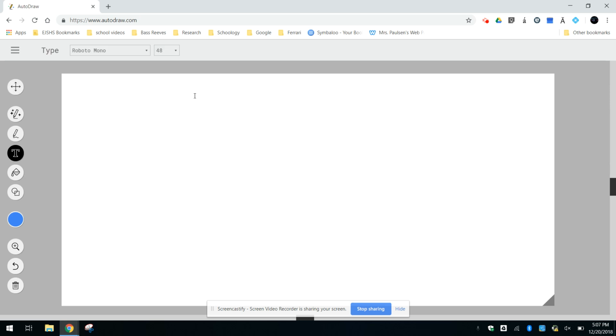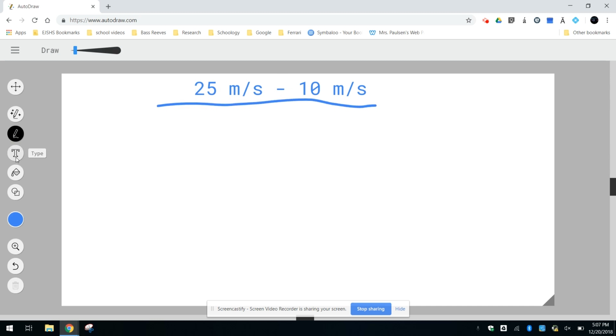We have final speed, which in this case is 25 meters per second, minus the beginning speed, which was 10 meters per second, over time, which in this case was 5 seconds.